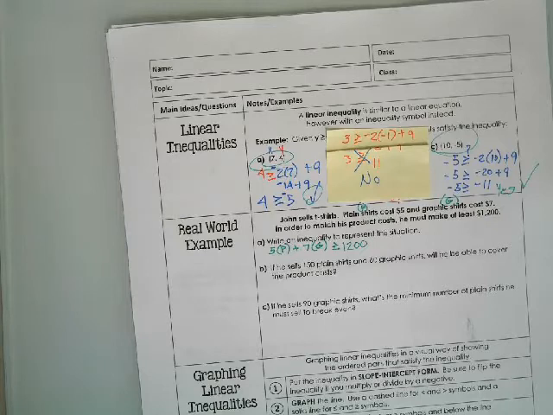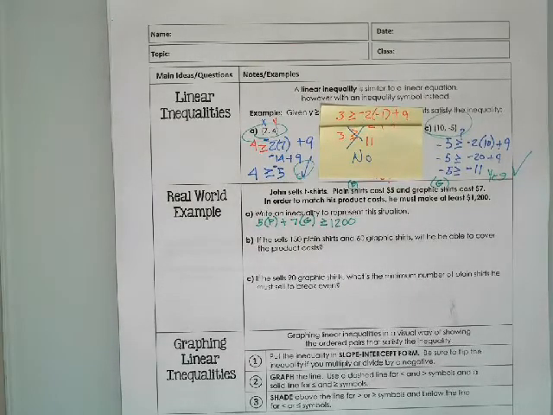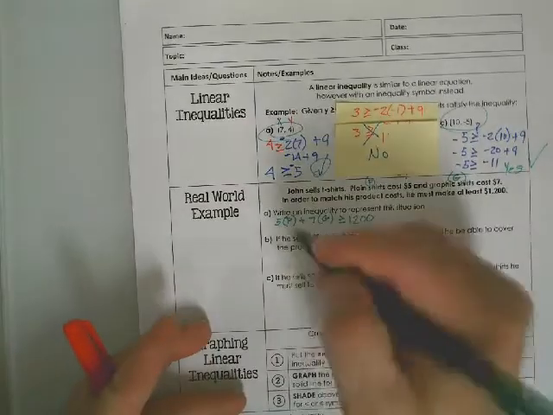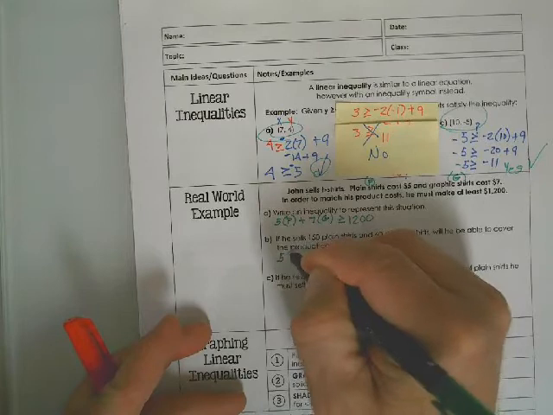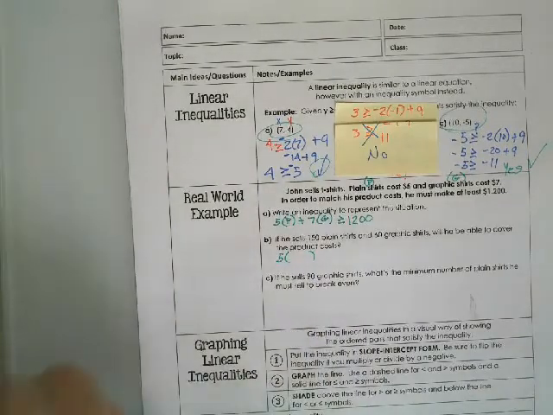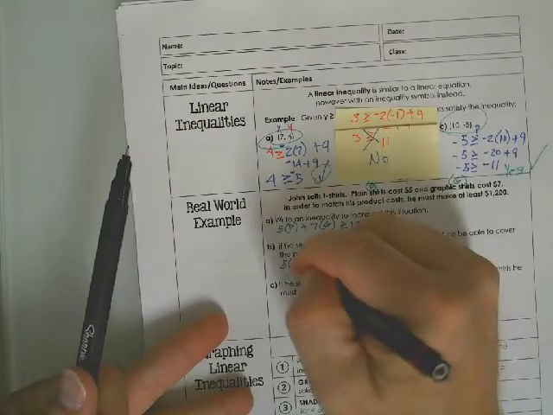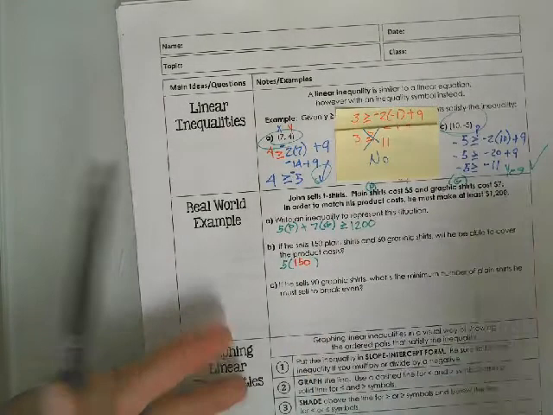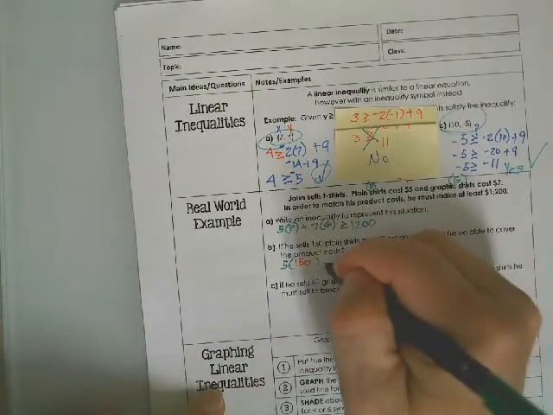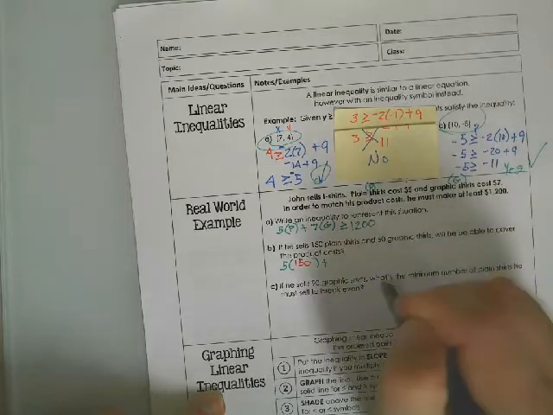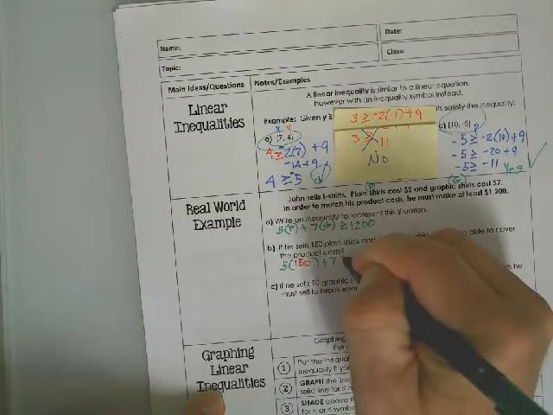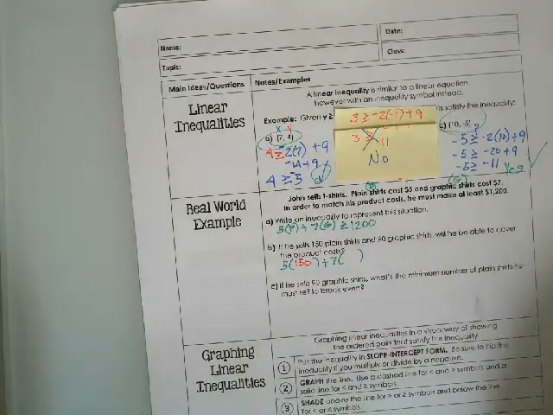Okay. If he sells 150 plain shirts and 60 graphic shirts, will he be able to cover the product costs? We just plug those values in. So $5 times 150 plus $7 times 60.